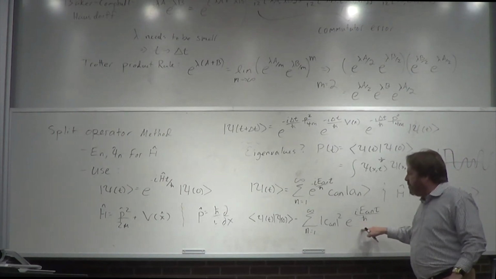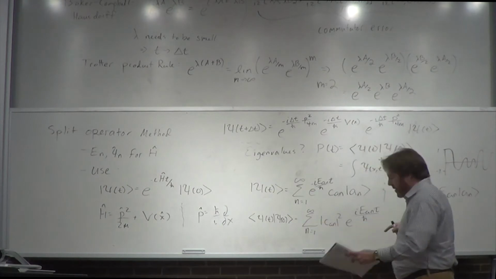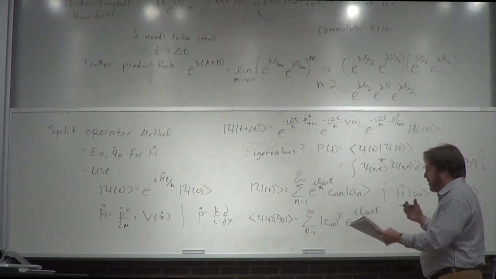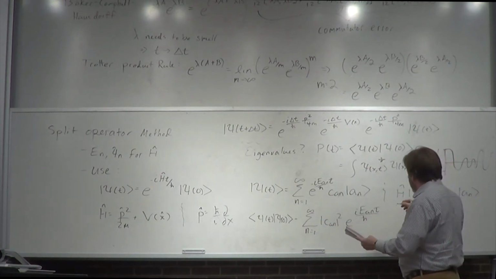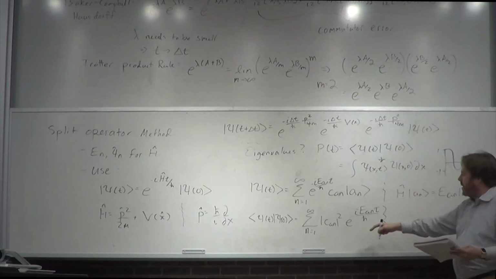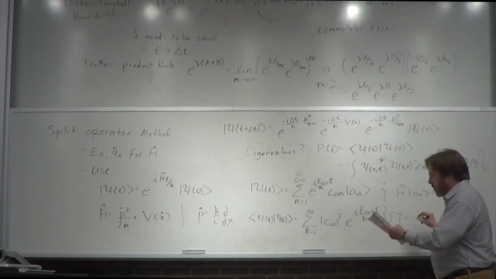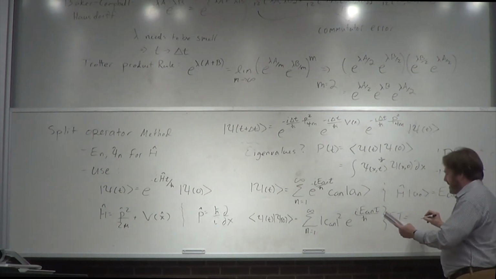Now, you may have more than one state contributing to the initial wave function, depending on how you drew it. That's going to make more sense once you play with it. So what you can do is take the signal, which is here, and Fourier transform it. When you Fourier transform it, what it looks like is this.